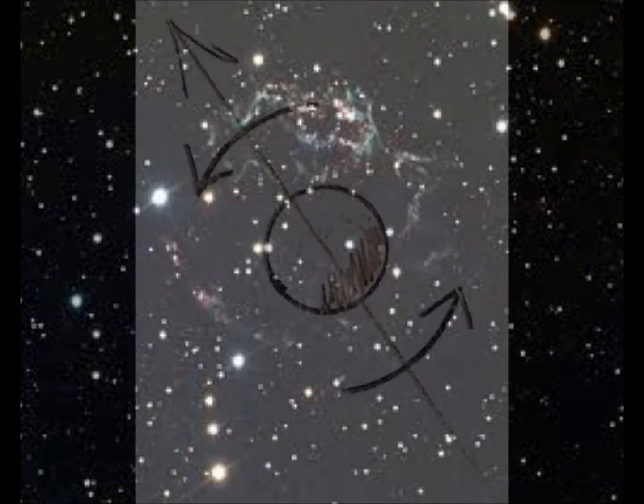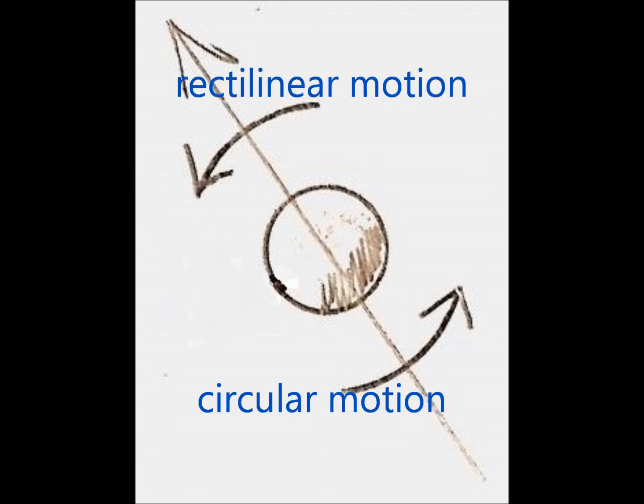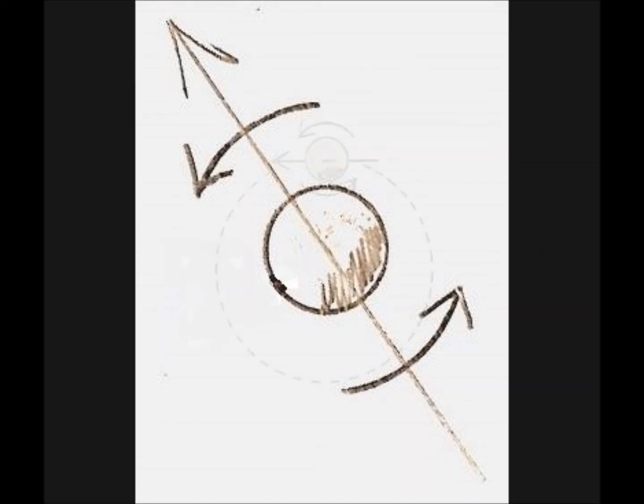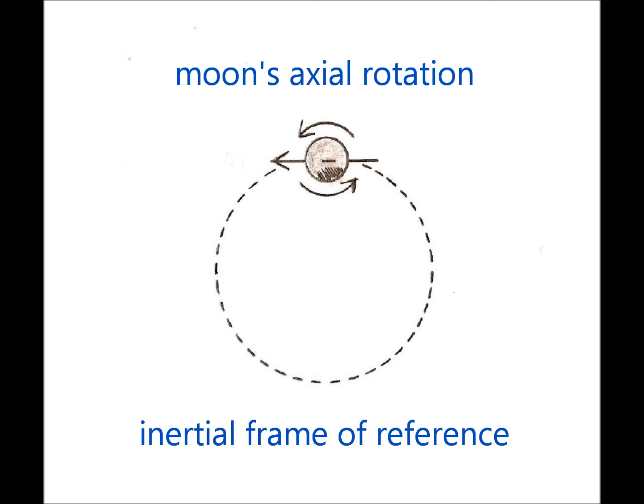Based on these principles of motion, planetary orbits are described, at least in part, as a combination of rectilinear motion and circular motion. The Moon's orbit around Earth can be described according to these principles of motion. If we assume the axial rotation of the Moon is force-free, as envisioned by Galileo, then the Moon serves as a rotating inertial frame of reference.